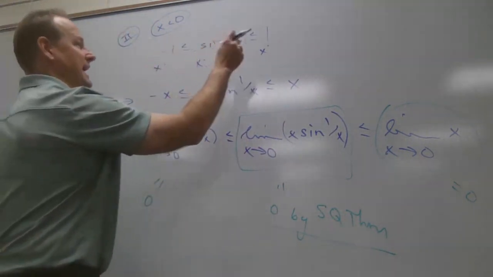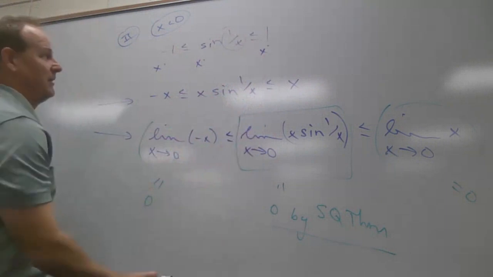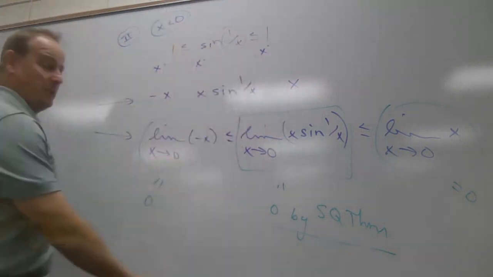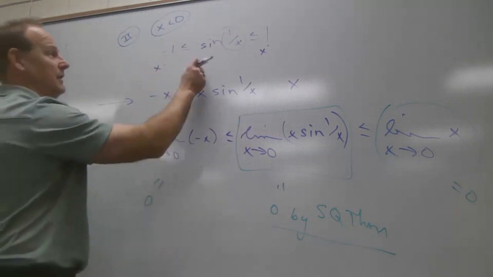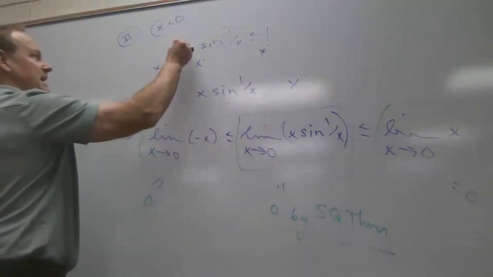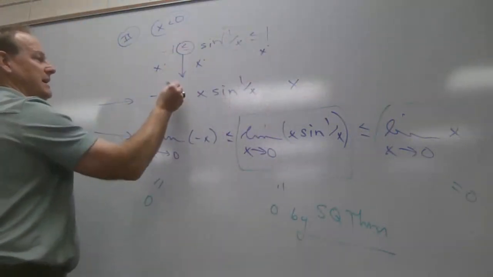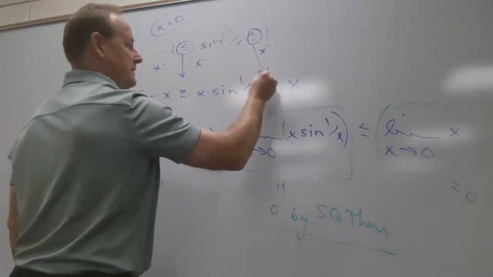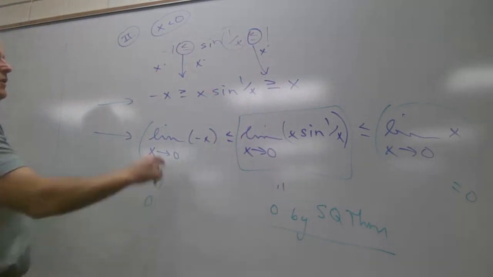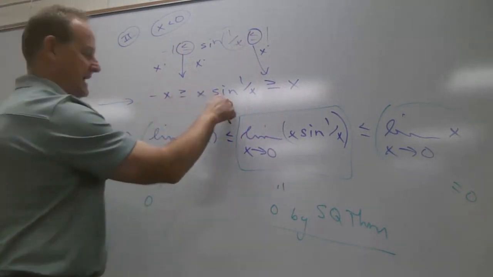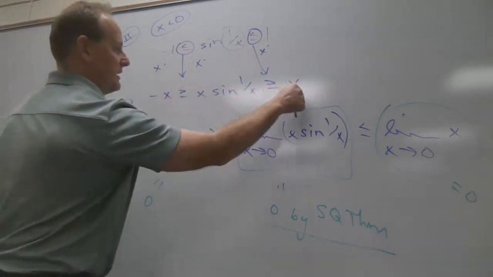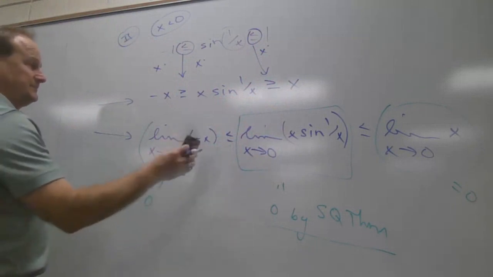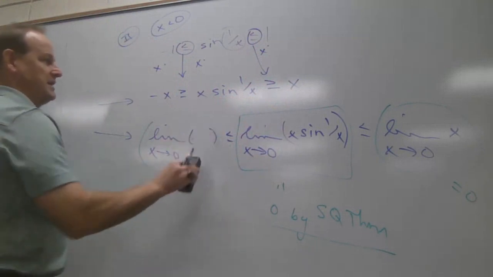But now if I multiply through by x, what type of number am I multiplying by? x is negative, so I'm multiplying by a negative number for all three of these. So the inequality is now going to flip and become greater than and greater than there. So minus x is greater than or equal to x sine 1 over x, which is greater than or equal to x.